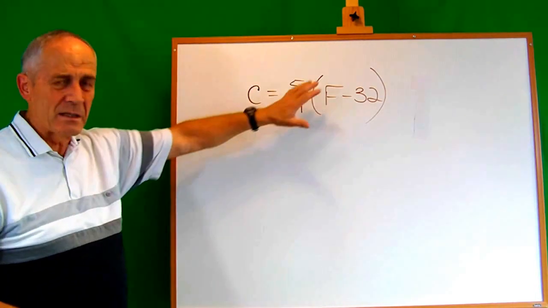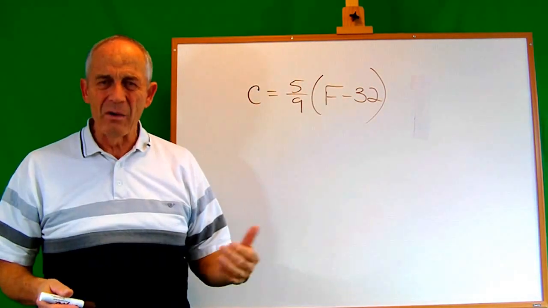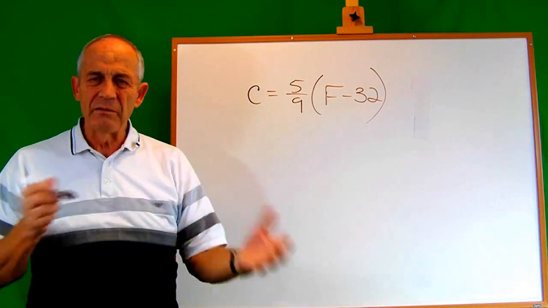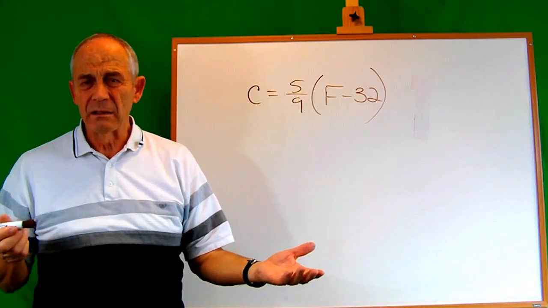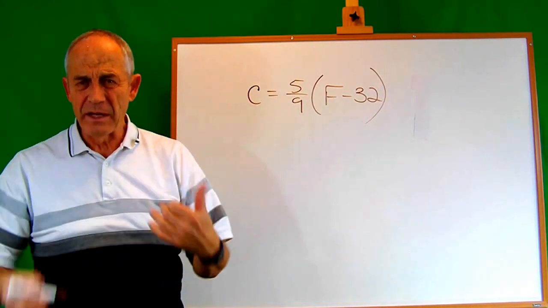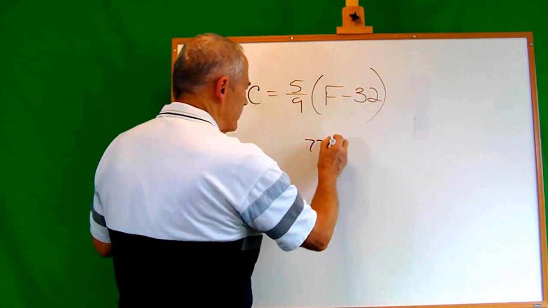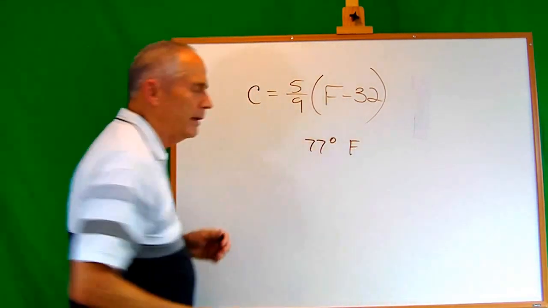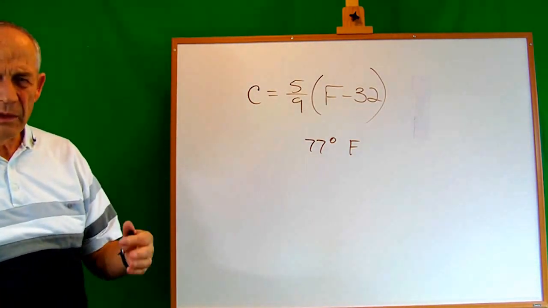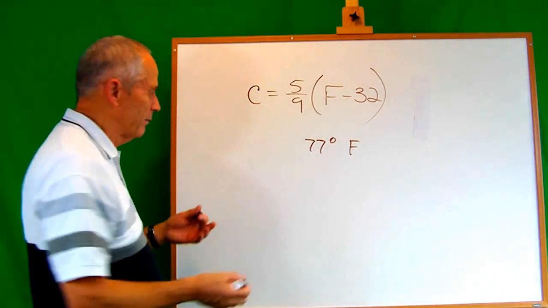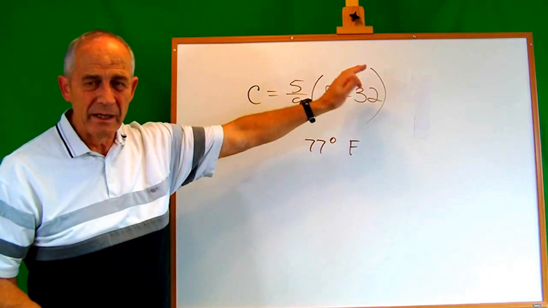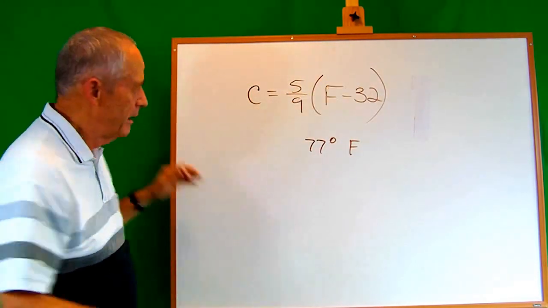Well, this is a formula that tells how centigrade readings and Fahrenheit readings compare. So you got a 77 degree reading, and that's Fahrenheit, and you want to tell them what the temperature is going to be, then you just simply take this conversion formula.